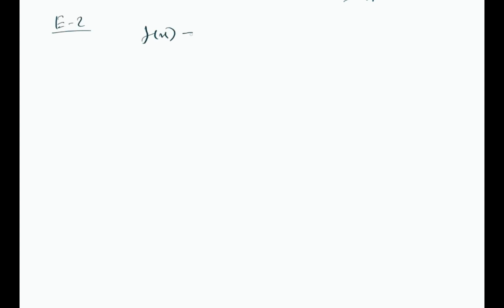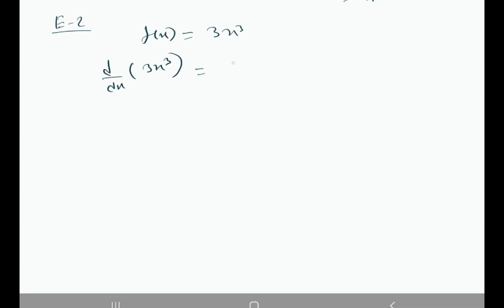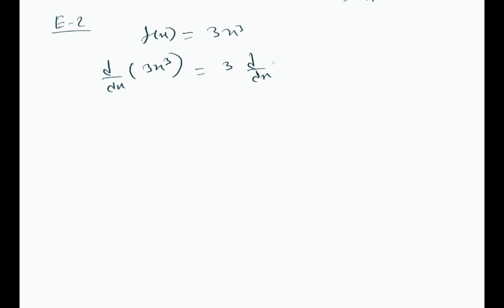Example 2: the function for this example is 3x to the power 3. So the derivative of this function, d/dx of 3x to the power 3, is equal to, here 3 is a constant multiple, so we can factor out 3 first: 3 times d/dx of x to the power 3.